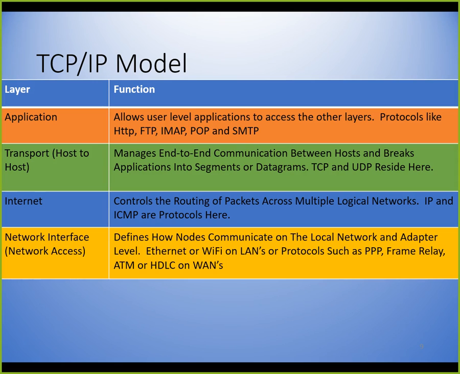The application layer for the TCP/IP model allows the user-level applications to access the other layers' protocols like HTTP, FTP, IMAP, POP, and SMTP. All those letters: HTTP, web server, hypertext transfer protocol; FTP, file transfer protocol; IMAP, internet mail access protocol, I've forgotten exactly what it stands for; POP, post office protocol; and SMTP, simple mail transfer protocol.